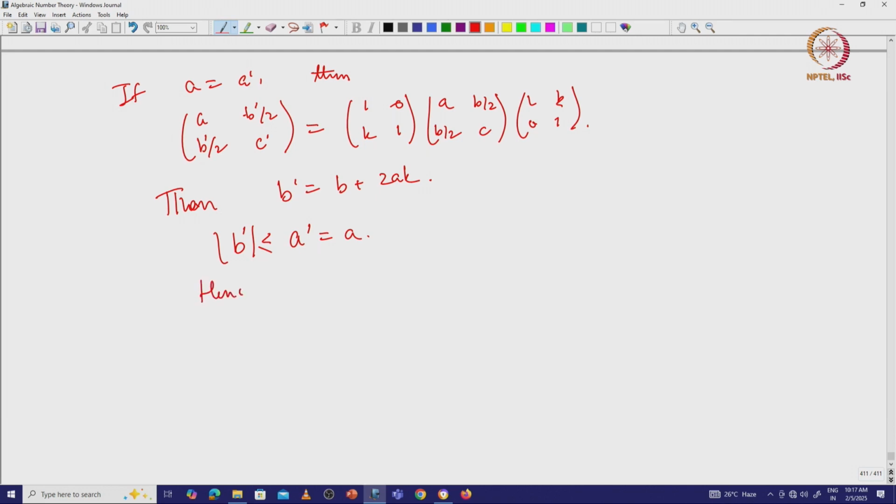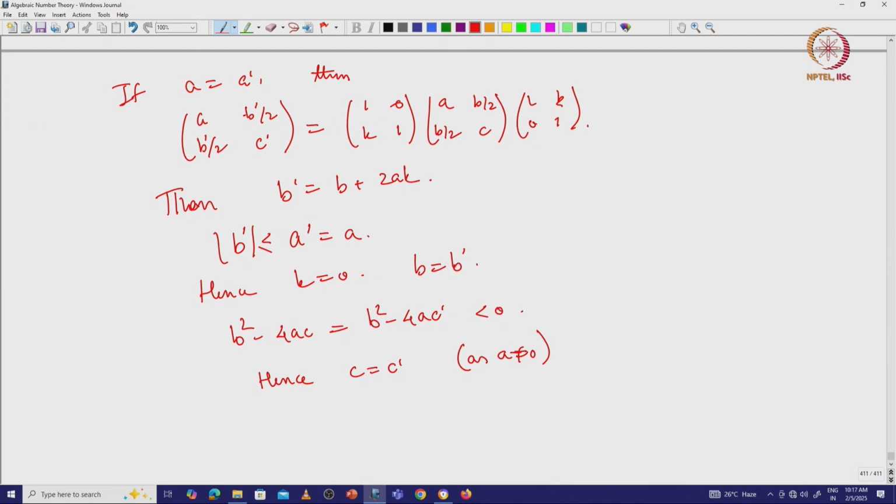So, hence K is equal to 0 and we get B is equal to B prime. Okay. And now we use the fact that B square minus 4AC is same as B square minus 4AC prime, right. So, hence C is equal to C prime, as A is not equal to 0. If A is 0, then you can't have a positive definite binary quadratic form.